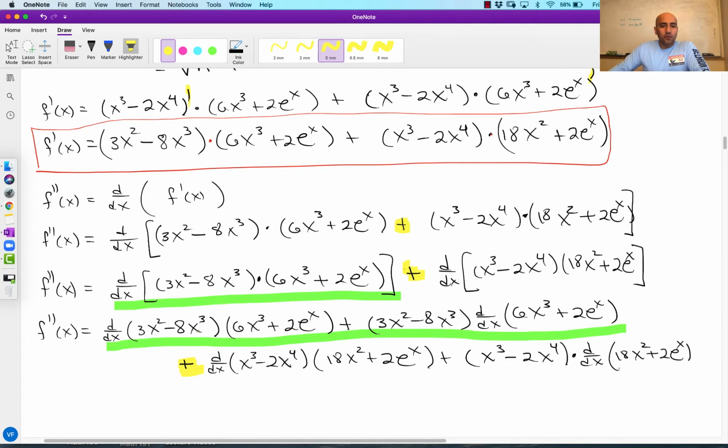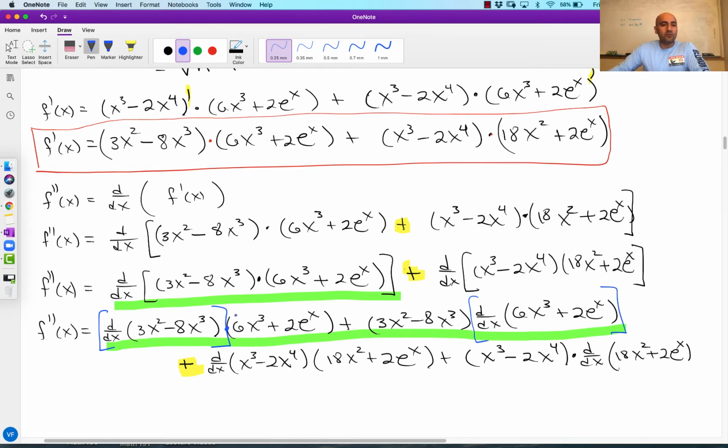Okay, so we take turns, right? It's the derivative of the first function, leave the second function alone. So just to make sure it's clear, let's wrap it up in parentheses. So this derivative applies only to this one, and then we multiply it times this thing. And now we leave the first function alone, and we multiply it times the derivative of the second one.